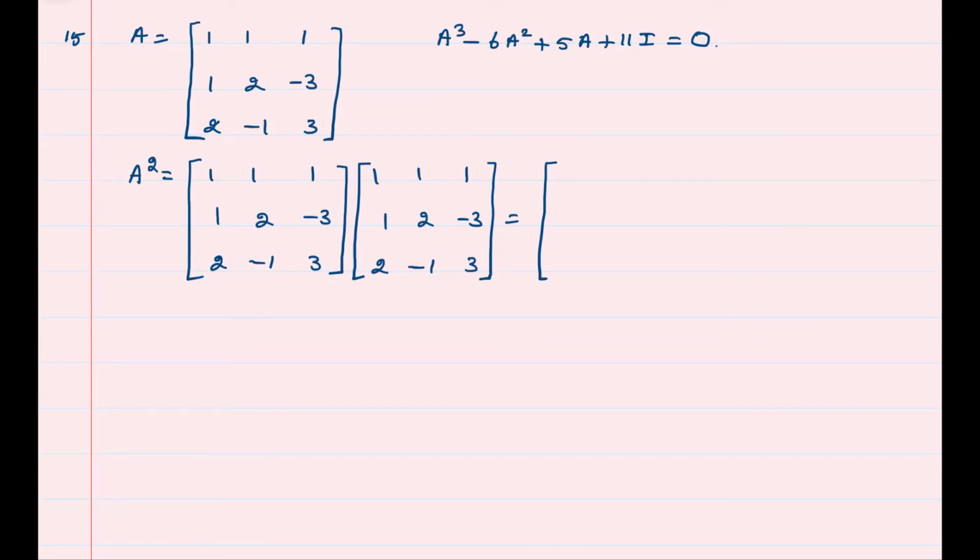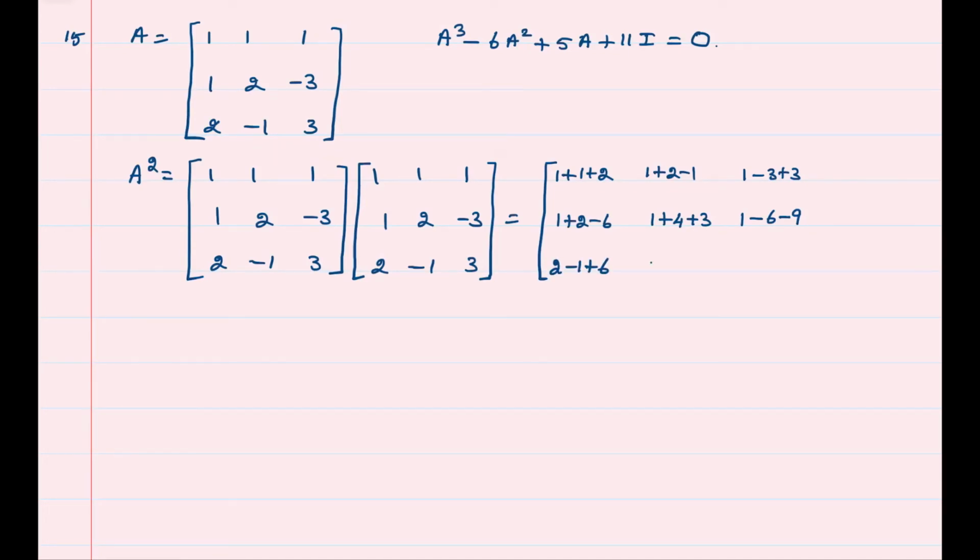First row into first column. First row into second column. First row into third column. Then second row into first column. Second row into second column. Second row into third column. Third row into first column.